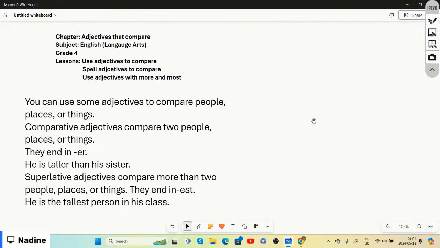And the lessons that we're going to be focusing on under this chapter are to use adjectives to compare, spell adjectives to compare, and to use adjectives with more and most.